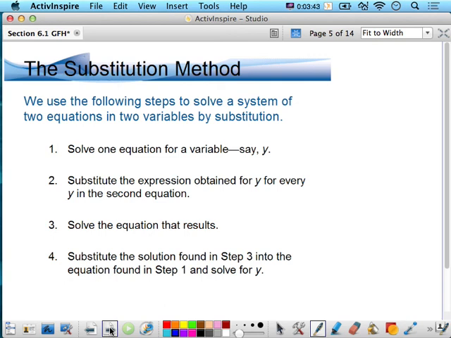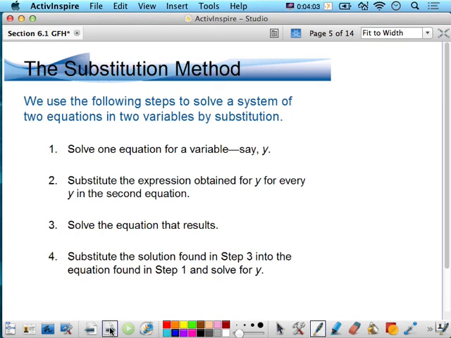In this method, we solve one equation for a variable. We're just going to say in this case, just for the sake of an example, we're going to solve for y, but you could just as easily solve for x. We'll substitute the expression obtained for y for every y in the second equation. So we'll make a substitution there.